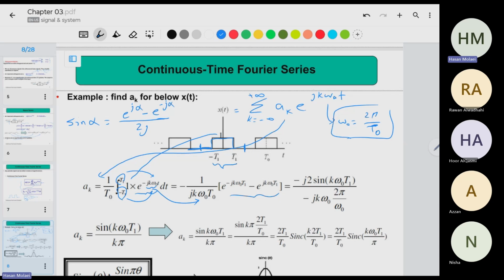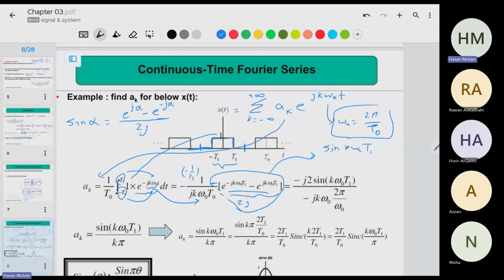The positive should be e to the power of jk omega 0 T1, and this one should be minus. So I need to multiply it by minus 1 and 2j. In that case, this would be sine of k omega 0 T1.